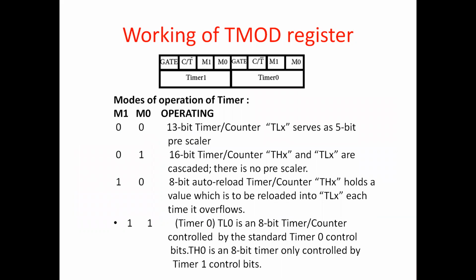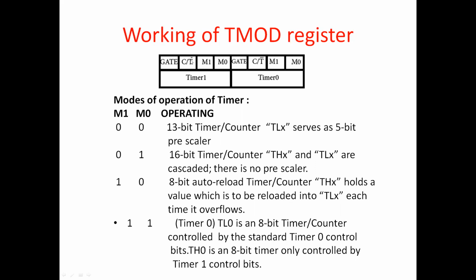TMOD. What do we mean by TMOD? As we said earlier, the timer module is counting pulses. But whether it is counting pulses coming from the oscillator or from the pin, we need to decide. This is done using a bit in the TMOD register, C/T bar. Whenever there is a bar above any representation, it means active low.